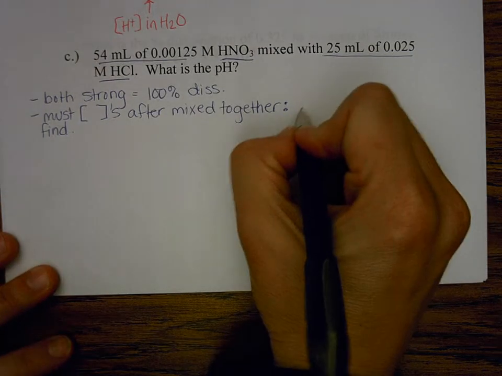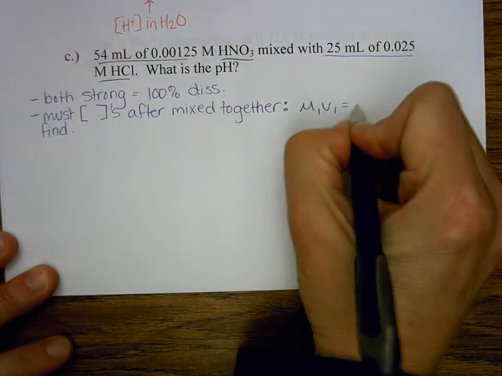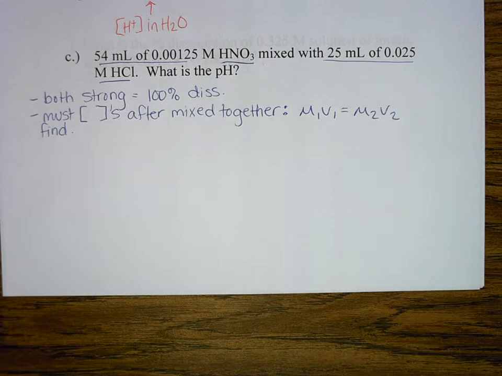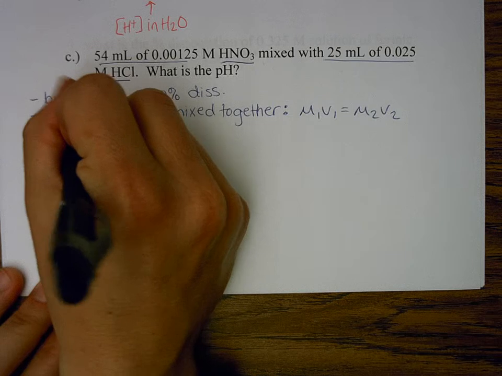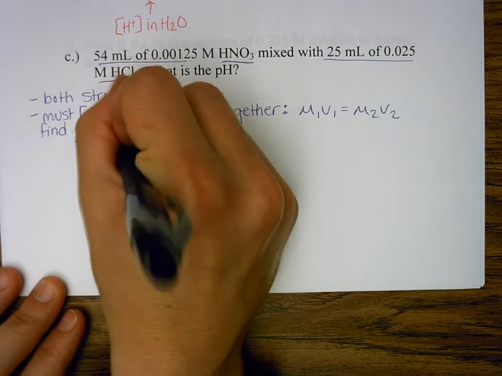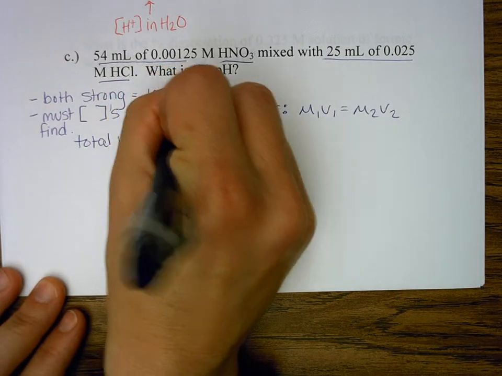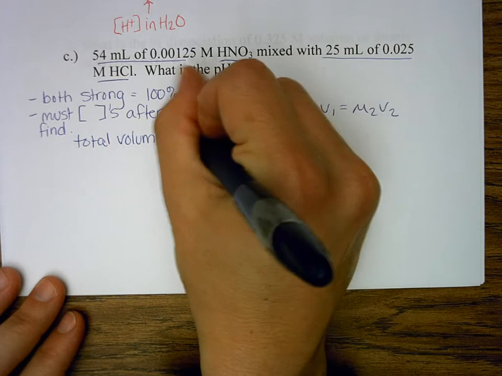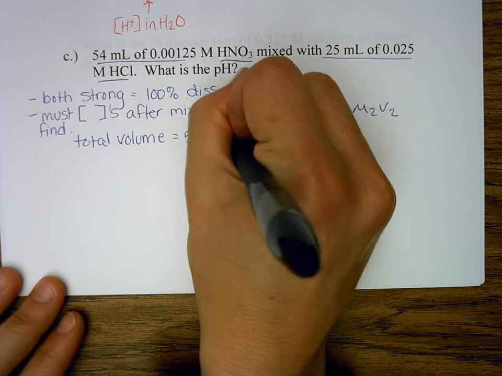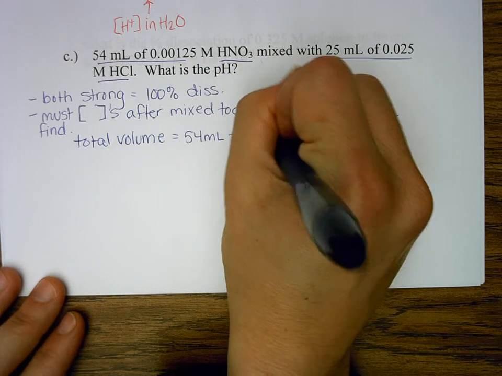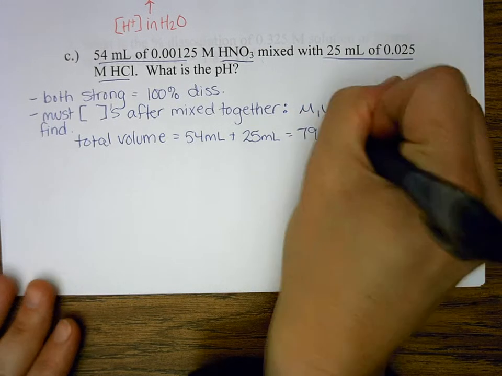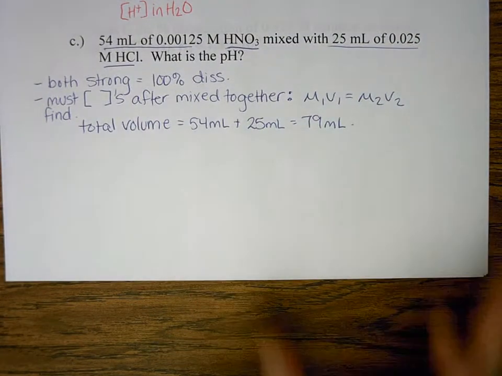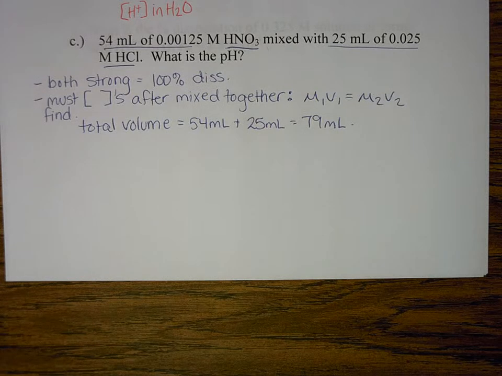So we are going to use that equation here to figure out what is the molar concentration of each acid after it's mixed together. Also, I know the total volume is the 54 milliliters plus 25 milliliters. That equals 79 milliliters of the total solution after they're mixed together. So now I'm going to look at each one separately.